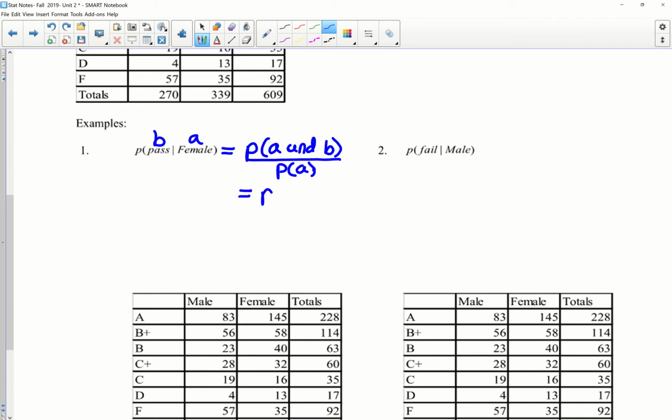So the probability that you're going to be a female and pass. And then we would divide that by the probability of being a female.